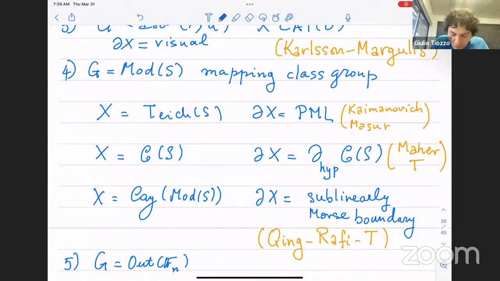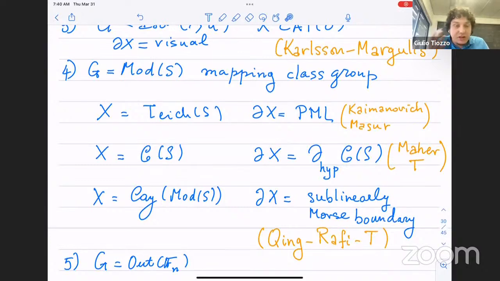But the first action that was considered is the action on Teichmuller space, which of course is not hyperbolic, but it's a proper space. And in that case, by work of Kaimanovich and Masur, you can identify the boundary of the group with the boundary of the space, so with PML, the Thurston boundary.